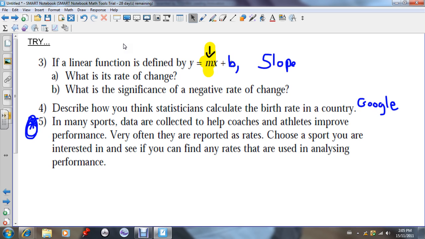It doesn't have to be volleyball. Very often hockey has very good statistics. Look at the rates. It could be meters per second for a runner, goals against average for a goaltender, points per game for a player. Just look at it, come up with a few, and jot them down in your notebook.